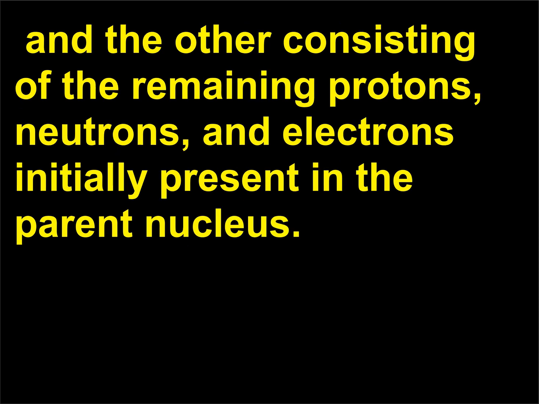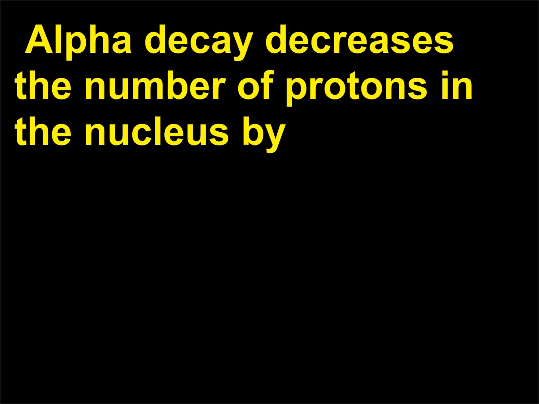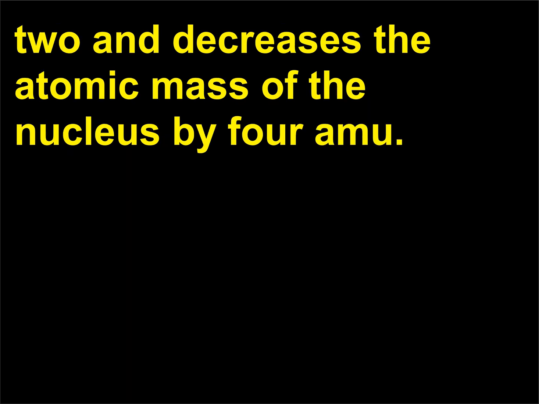And the other consisting of the remaining protons, neutrons, and electrons initially present in the parent nucleus. Alpha decay decreases the number of protons in the nucleus by 2 and decreases the atomic mass of the nucleus by 4 amu.